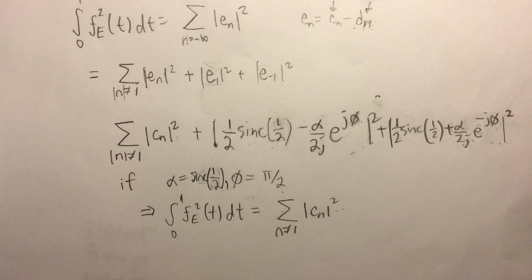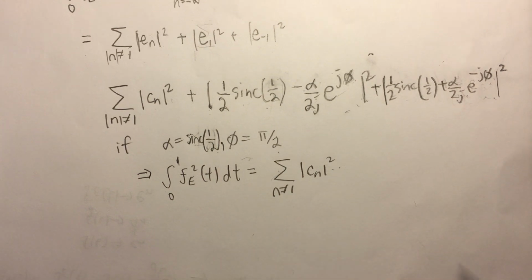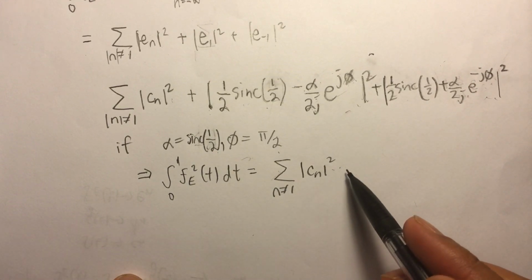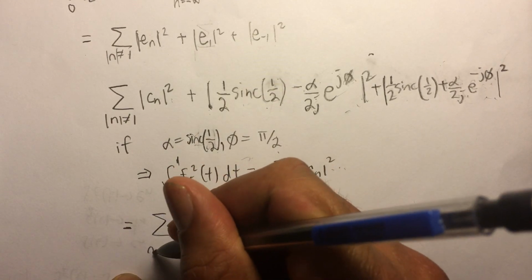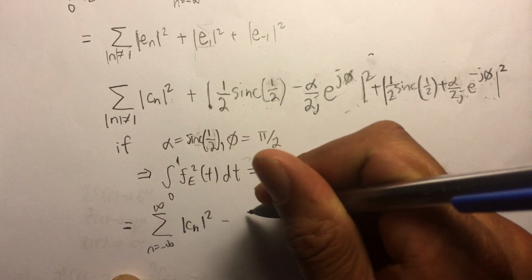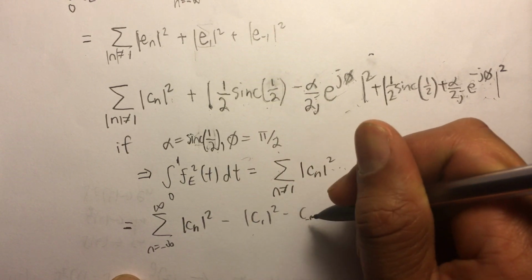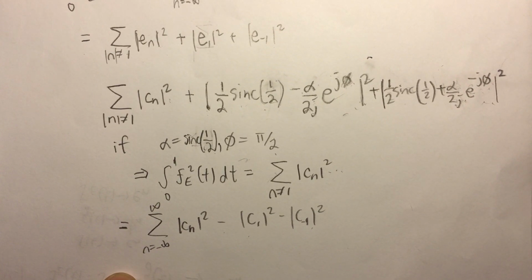is to state what the mean squared error is, and that is, of course, the sum of all the other terms in the Fourier series expansion. And so we can write this as equal to the sum of all the terms, which we actually know how to get, minus these two terms, the plus and minus 1 terms.